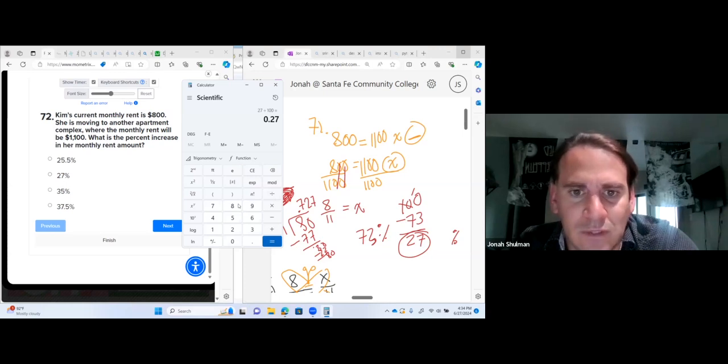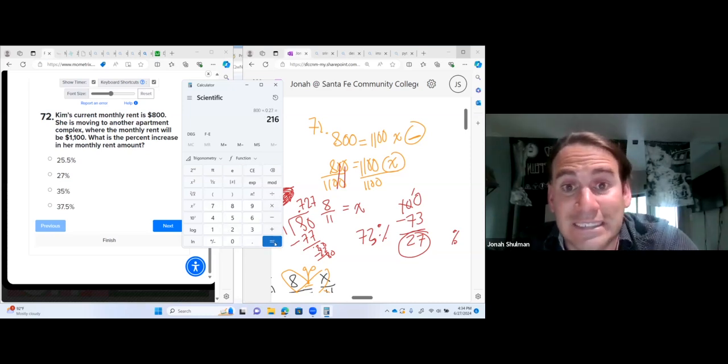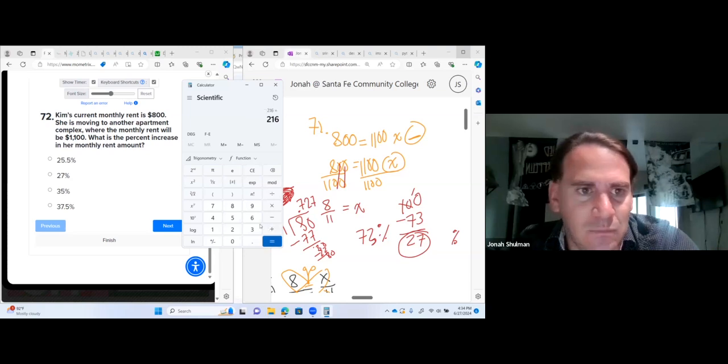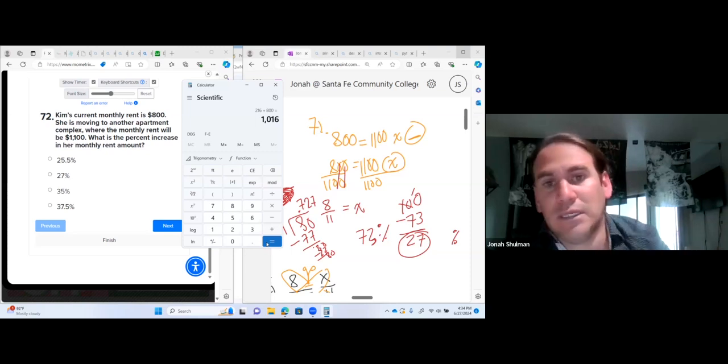Now I have to multiply this by the 800 bucks. So I have 800 times 0.27. I got 216. So let's see what happens. What is 216 plus 800? Let's see if that gives us close to the $1,100 we need. And it's only $1,016. So I didn't get the right answer.